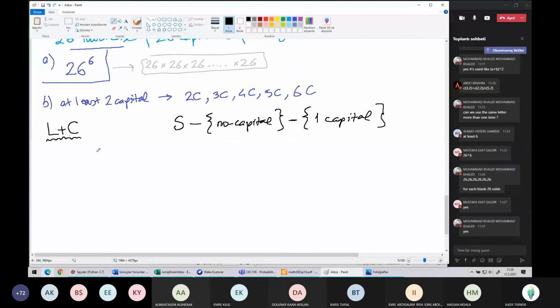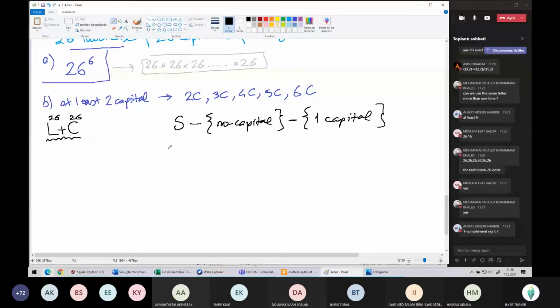It is possible to use 26 lowercase and 26 capitals. Yes, 1 minus complement, but that is in probability. Here, the question is not probability. It is a how many ways question. So instead of subtracting from 1, here we subtract from the sample space.